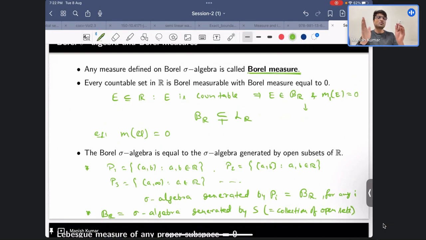Let me write some P tilde. If you have any collection P tilde of open subsets of R, the sigma algebra generated by that P tilde will be the Borel sigma algebra.